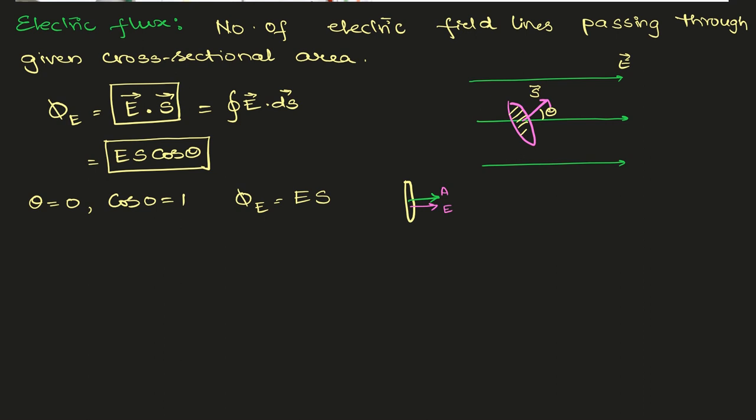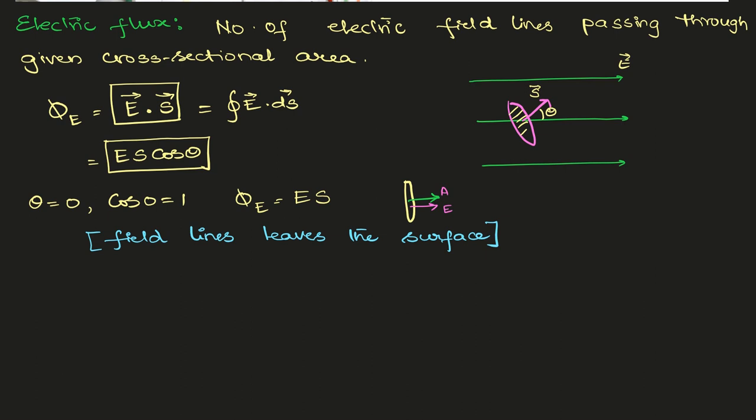So we can say field lines are leaving the surface. Positive flux means field lines leave the surface, then only we have to take that flux as positive.